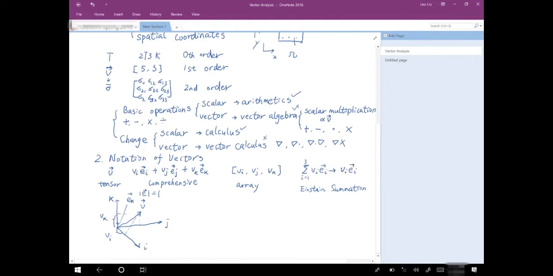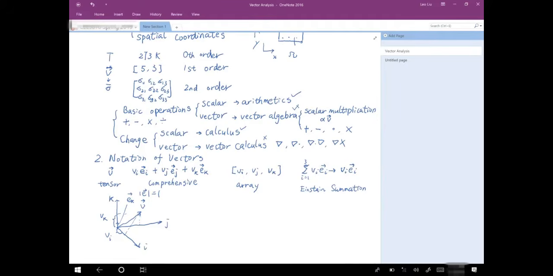So if somebody writes something like v_i e_i arrow, and says that we follow the Einstein summation, that means this is a summation. That's something a lot of people will accept.